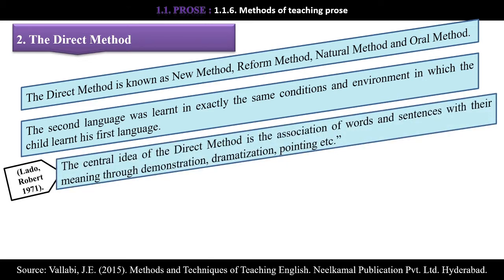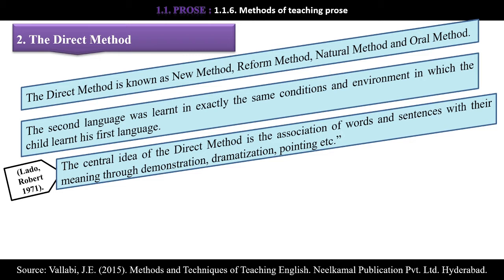According to Robert Lado in his book of 1971, he wrote about the direct method that the central idea of the direct method is the association of words and sentences with their meaning through demonstration, dramatization, pointing, etc. See, the central idea of the direct method is the association of words and sentences.